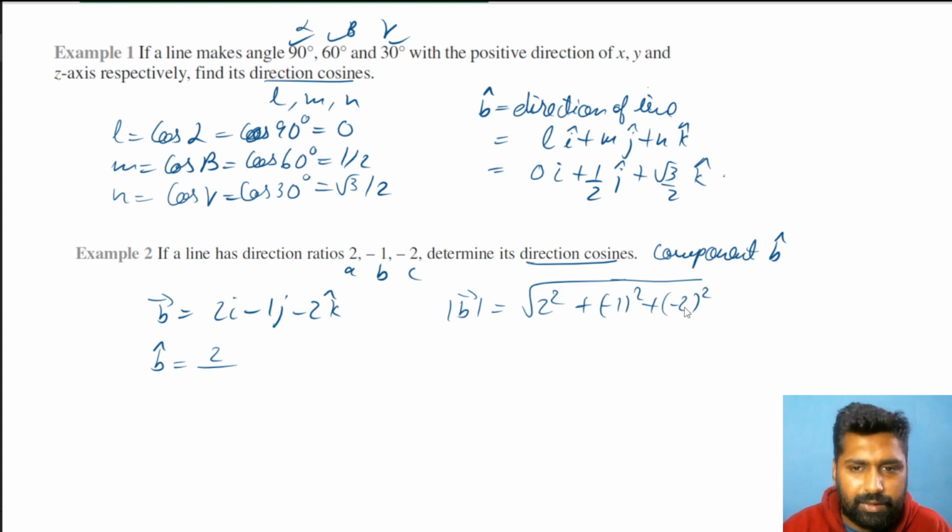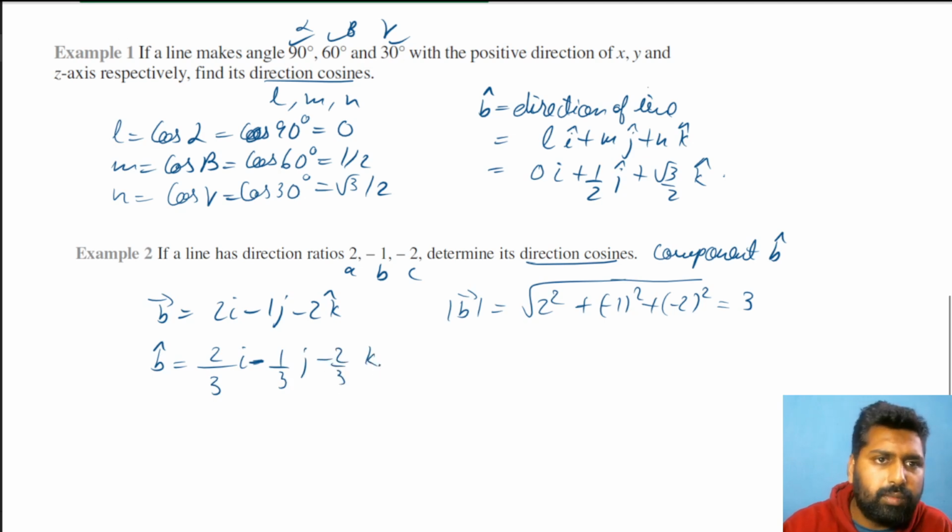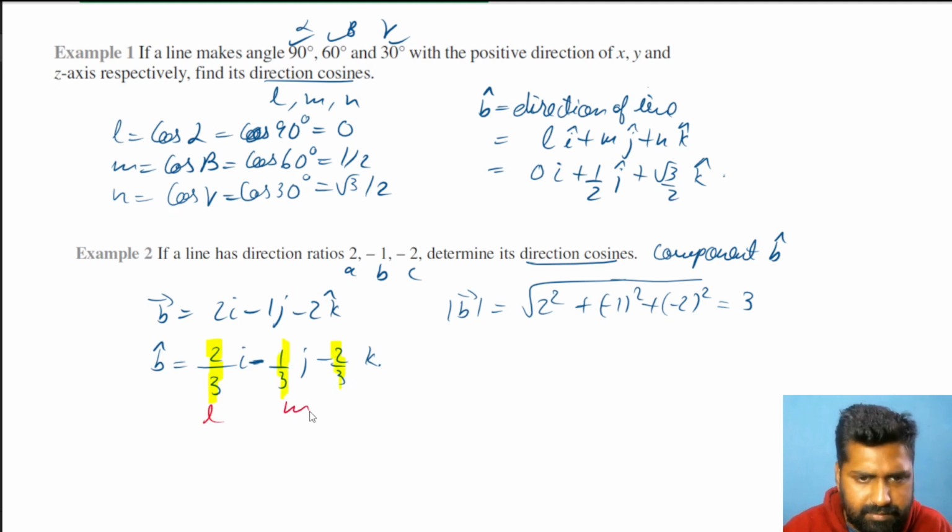So 2 square is 4, 4, 8, 9. So basically 3. So 2 by 3 i cap. b cap means we have to divide by the magnitude. So minus 1 by 3 j cap minus 2 by 3 k cap.